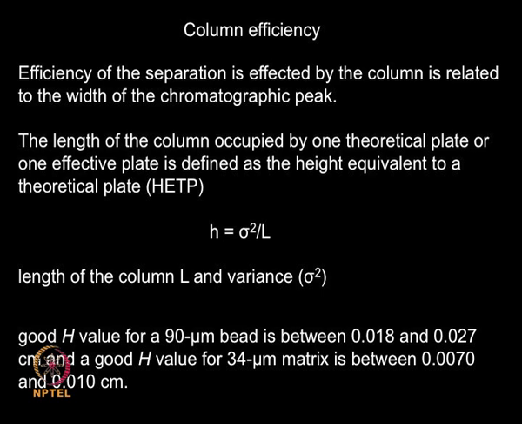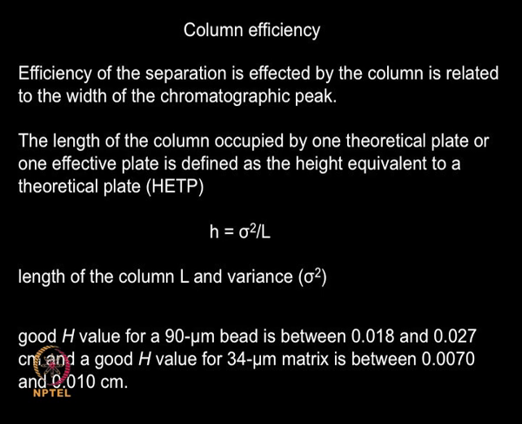So there is a term called a theoretical plate. This is called the height equivalent of a theoretical plate, and it is given by this formula: H is equal to sigma square by L, where L is the length of the column and sigma square is the variance. Generally a good H value for a 90 micron bead is between 0.018 and 0.027 centimeter.